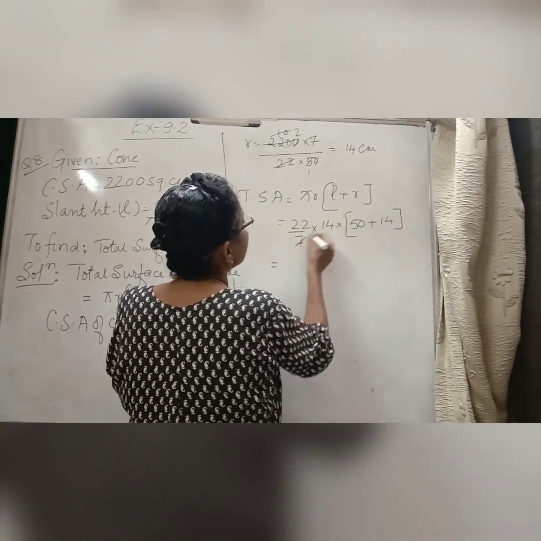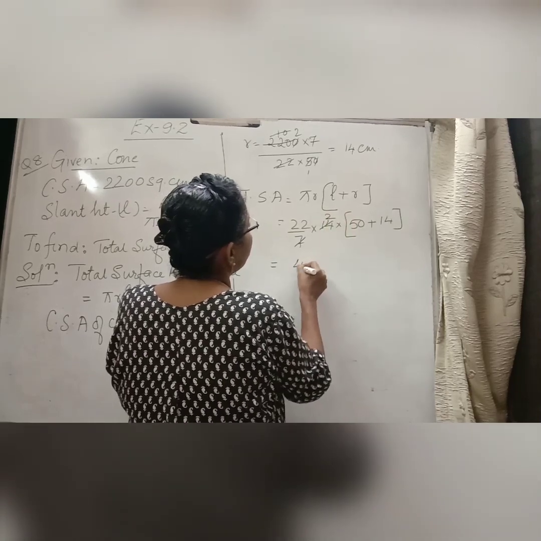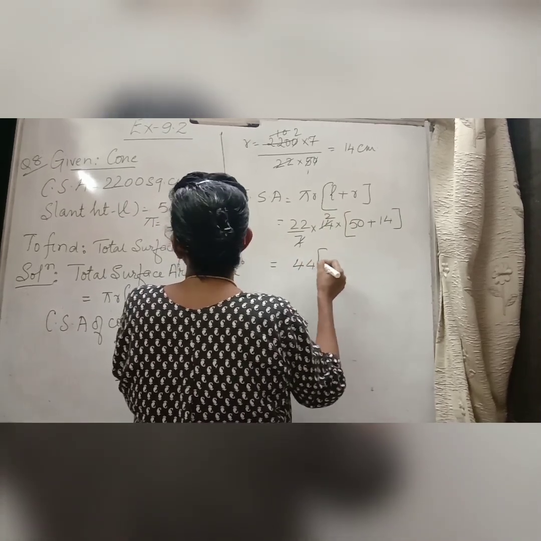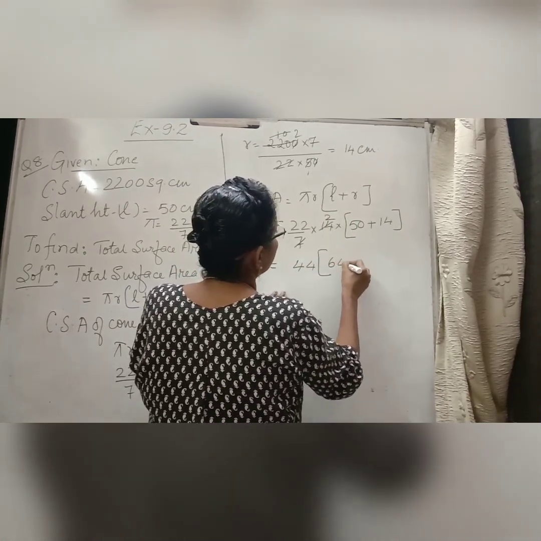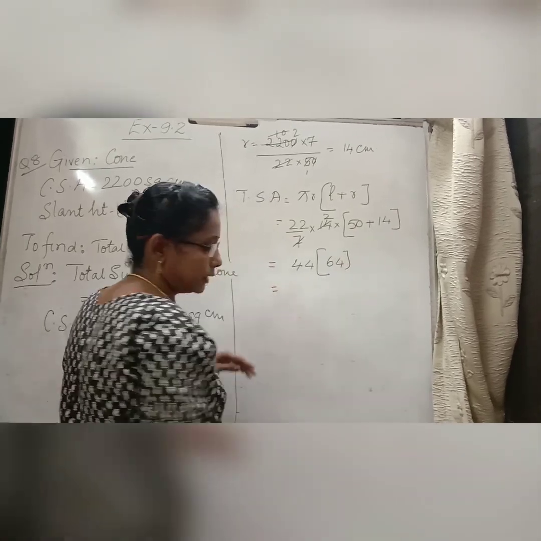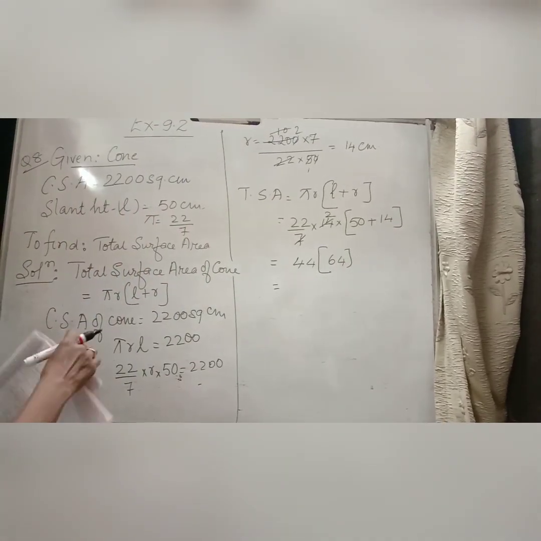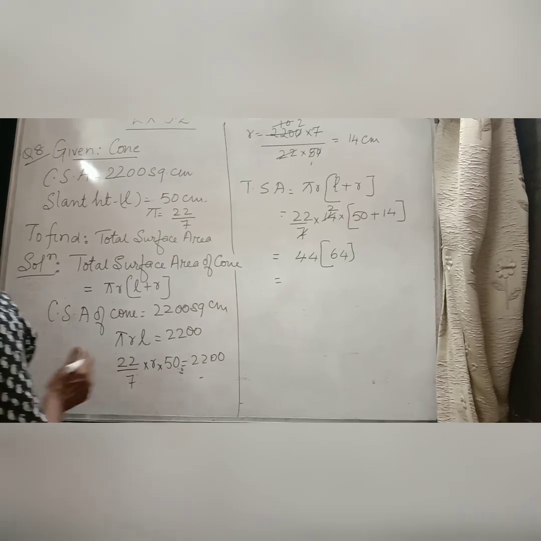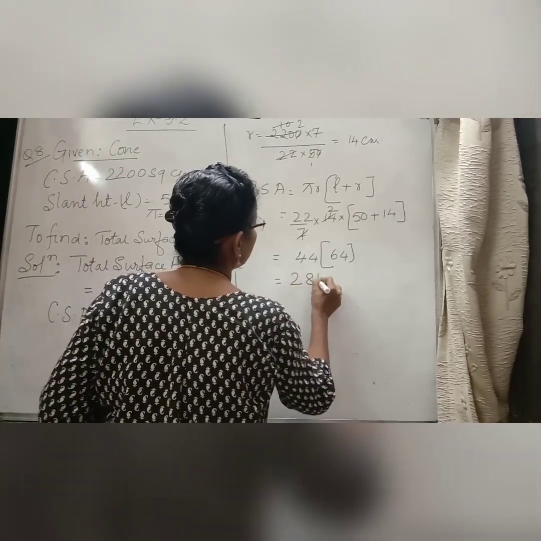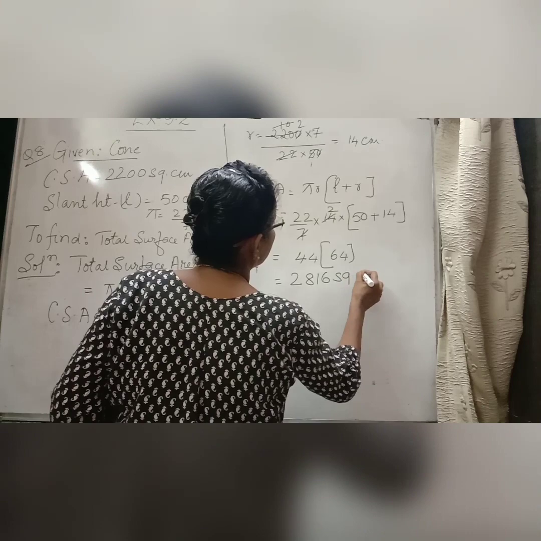So this is 7 2s are 14, so 44 into 64. And the answer is 2816 square centimeter.